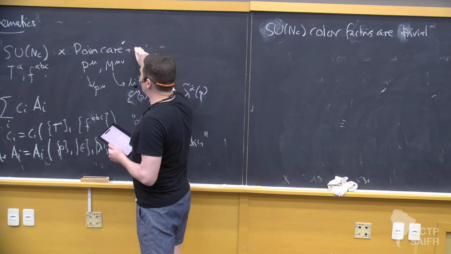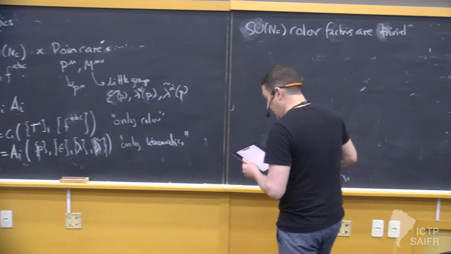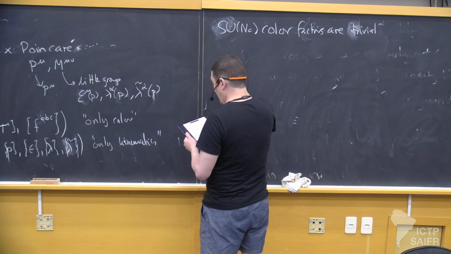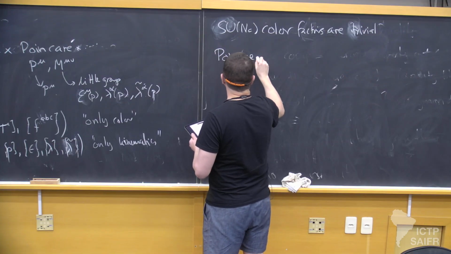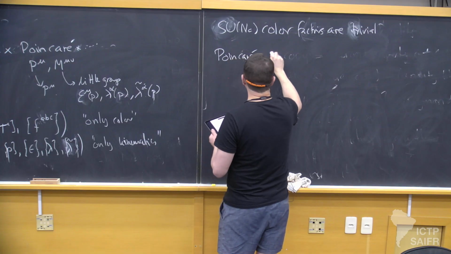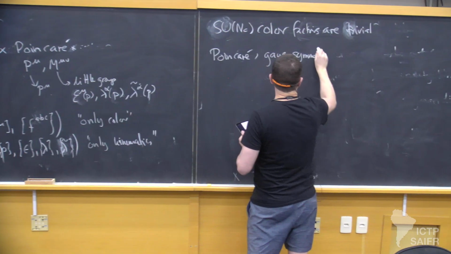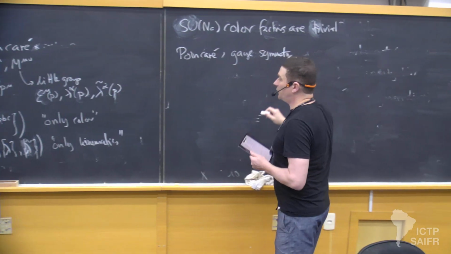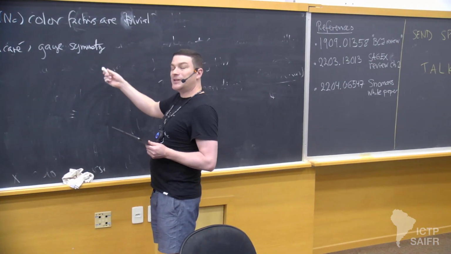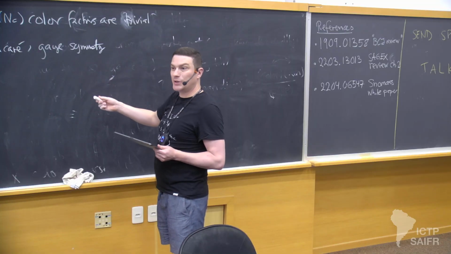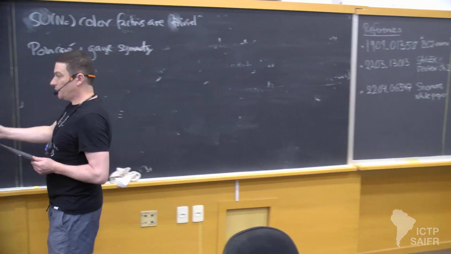Maybe I should say there's of course a lot of other stuff here that you need to worry about in the kinematic part. So for example, you need to worry about Poincare symmetry. You need to worry about gauge symmetry. And here, okay, you might be confused because wasn't that the gauge group? What I really mean here is maybe linearized gauge symmetry at the level of the amplitude, because that's basically just something that you do at the level of your kinematic building blocks.